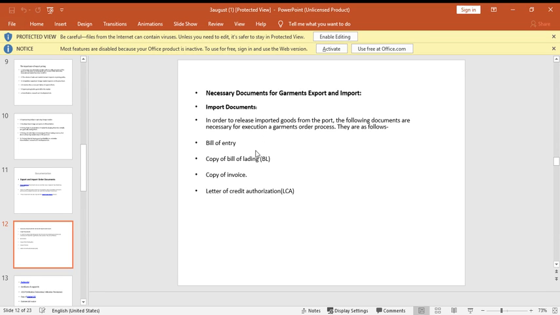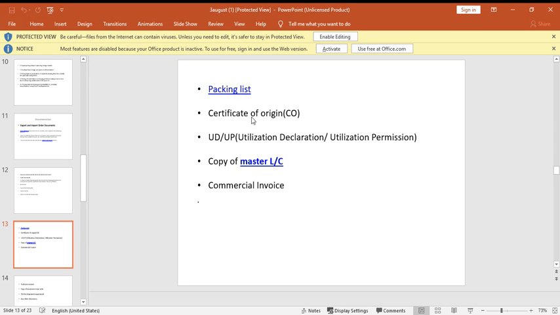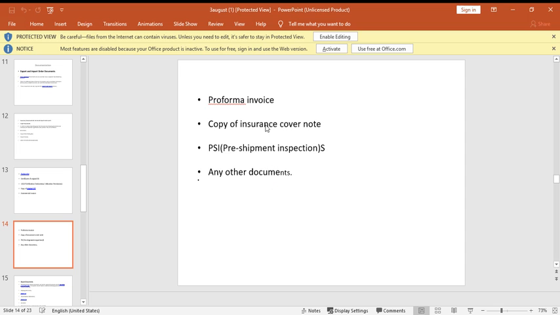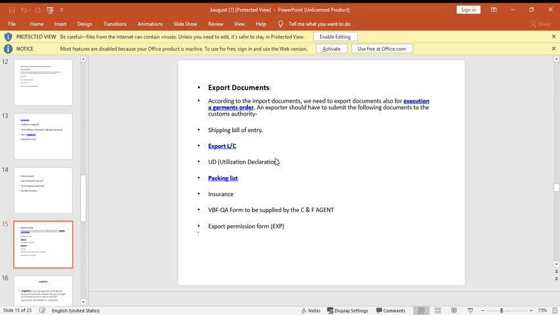Import documents will require bill of entry, copy of the bill, copy of invoice, letter of credit authorization, that is LCA, then packing list, certificate of origin, UD, utilization declaration, utilization permission, then commercial invoice and pro forma invoice, copy of insurance cover note and PSI, pre-shipment inspection, and any other documents.